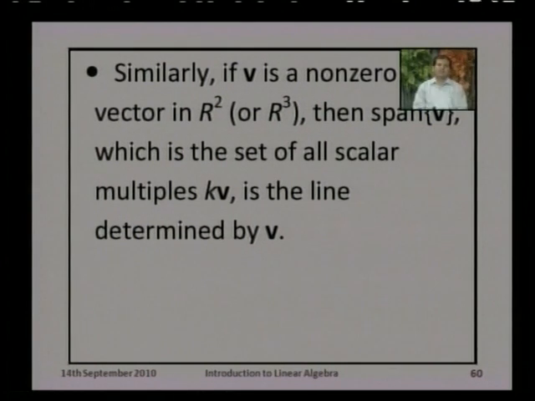Similarly, if v is any non-zero vector in R2 or R3, then span of v, which is the set of all scalar multiples kv, is the line determined by v. So this is the geometric explanation, or we can see the geometry behind a vector space.